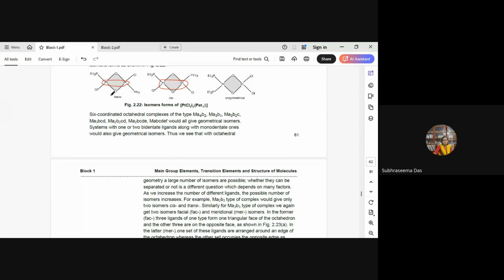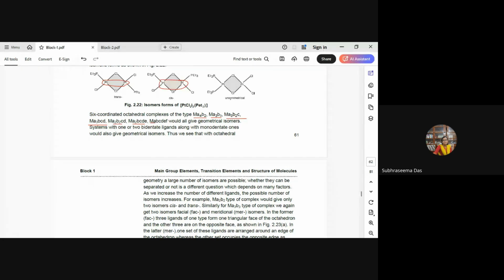For six coordinated, that is octahedral complexes, they also show geometrical isomerism. When the coordination number is 6 for the central metal atom, the arrangement can be of the type MA4B2, MA3B3, MA3B2C, MA3BCD, MA2B2CD, MA2BCDE, and the last case, where M is the central metal atom and A, B, C, D, E, F are all six different ligands.